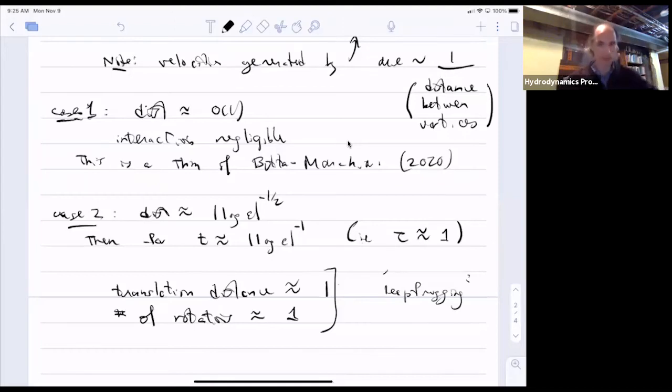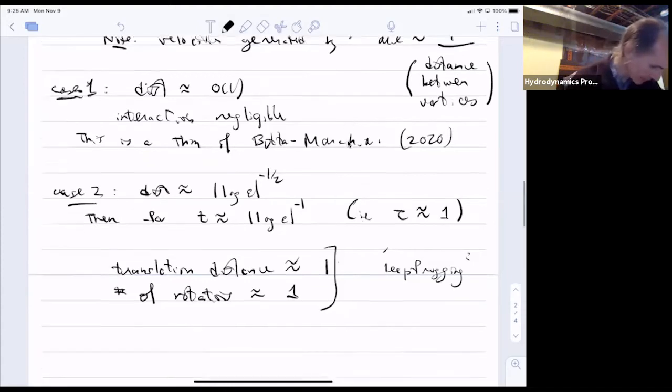Leapfrogging means at the same time you see the center of vorticity of the whole set of things translating, and then some non-trivial motion of the vortices around the center of rotation. So in the case of 2 of the same sign, rotation.